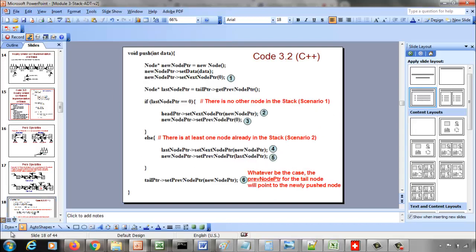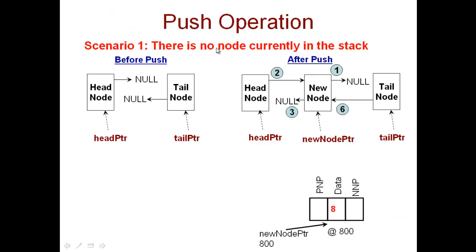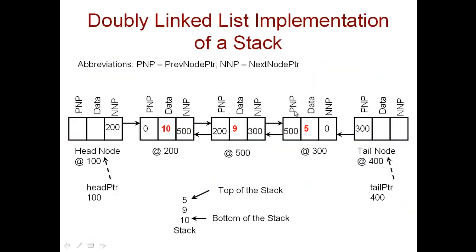Now the third statement: new node pointer arrow set next node pointer is set to null. Now think about this. We are going to insert this as the node just before the tail node. So this is the top of the stack, and that's the node previous to the tail node.